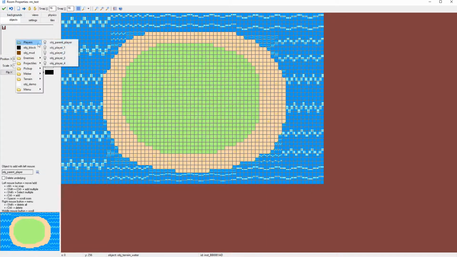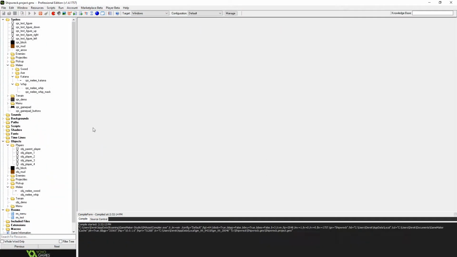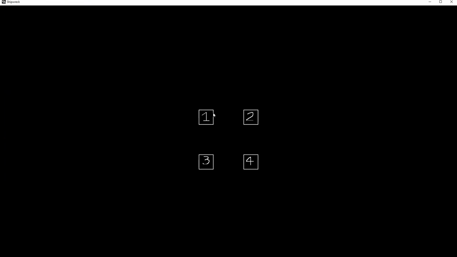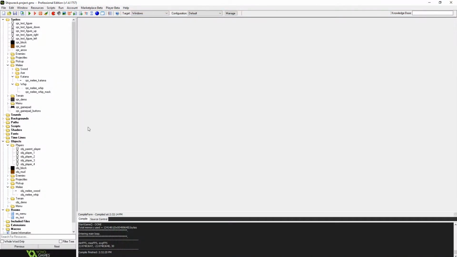Do I need to place a player? I guess so, because it didn't activate anything. Okay, well, let's just create a new room.